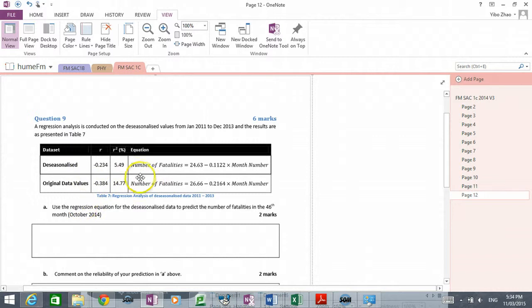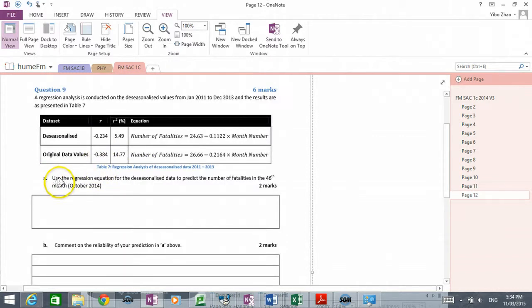The question told me I need to use the regression equation for the deseasonalized data to predict the number of fatalities in 46 months. So the month number is going to be 46 this time.